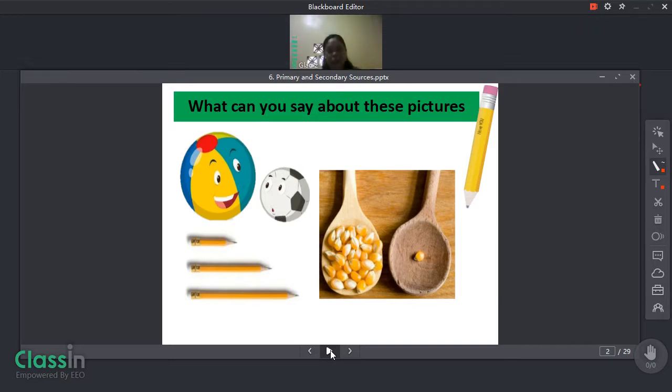And when it comes to the pencils, they are arranged according to the length. And for the third picture, the first one has more corn kernels, unlike the second one, which has only one corn kernel. So, based on your observation, class, what can you say about it?